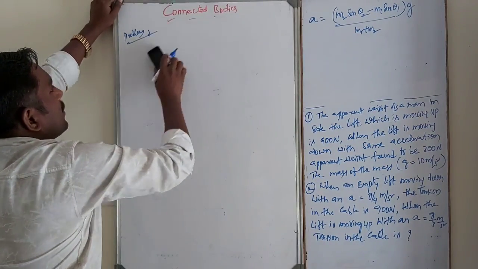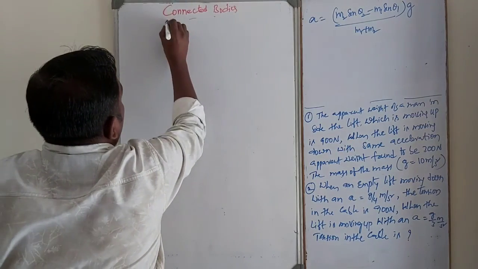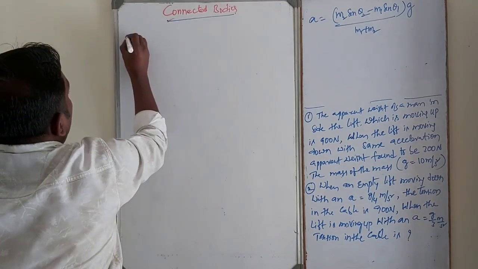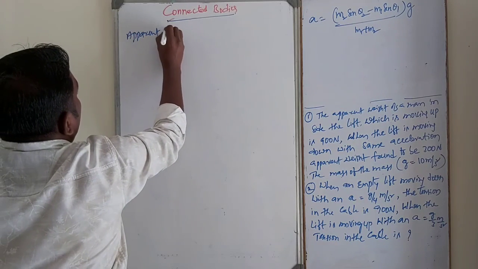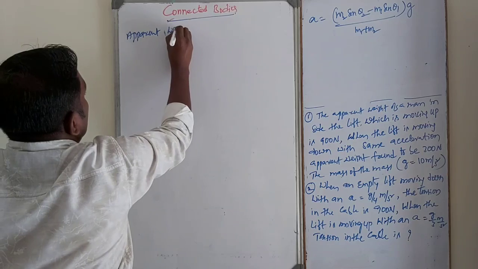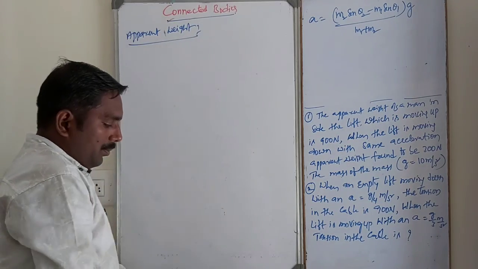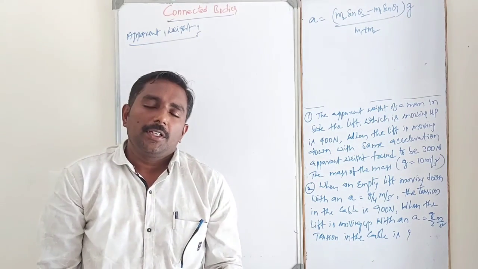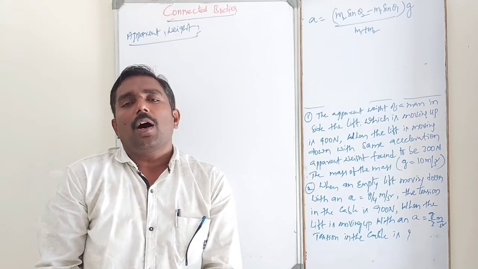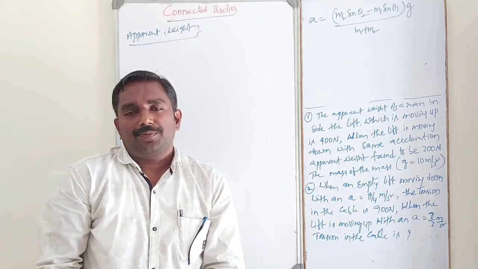Apparent weight. Next concept: apparent weight. The person inside a moving lift, whether the lift is moving upwards or downwards, will see some variation of weight.